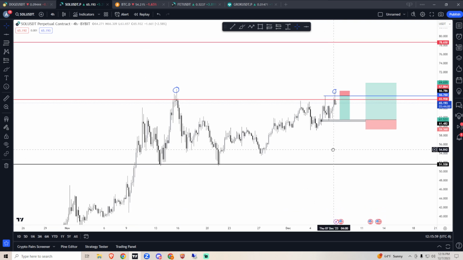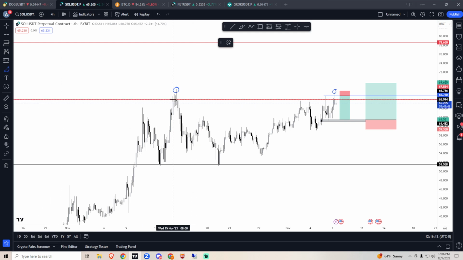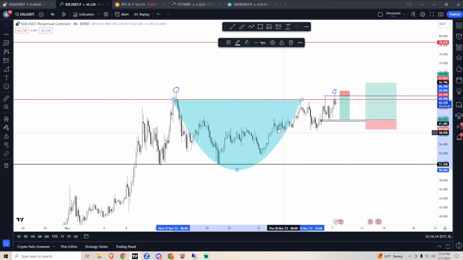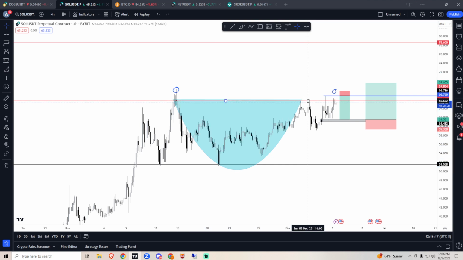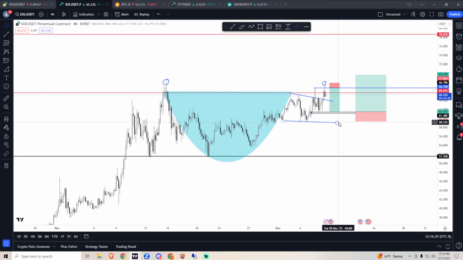Not only that, but here is a possible cup and handle pattern. Cup and handles are usually a flag of some sort, and your handle should not be more than 40 to 50% of the cup.